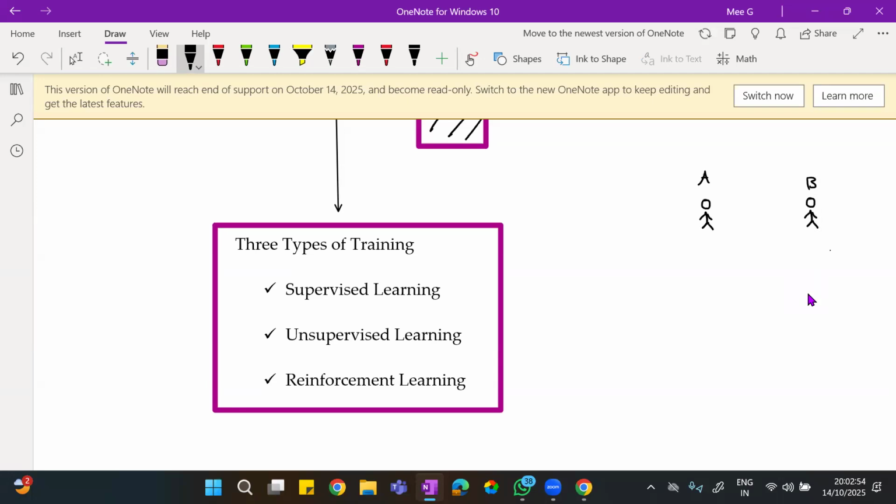Now, what A will do is, he wants to appear for the competitive exams, so he will join a coaching institution. Let's take it as XYZ Institute. He paid a huge amount and joined.